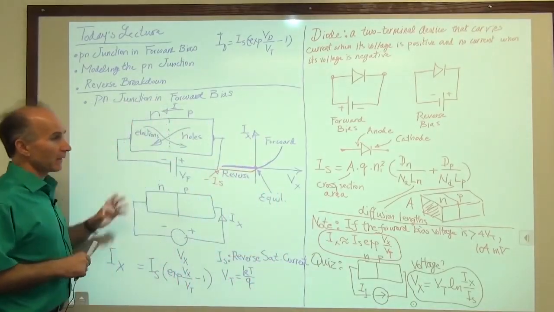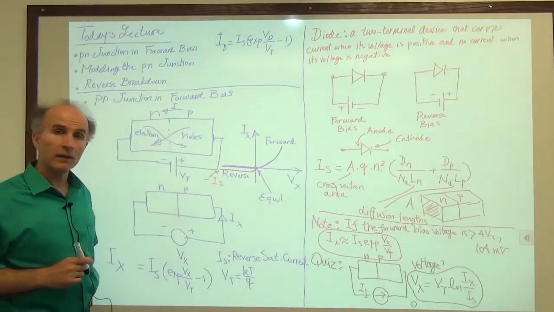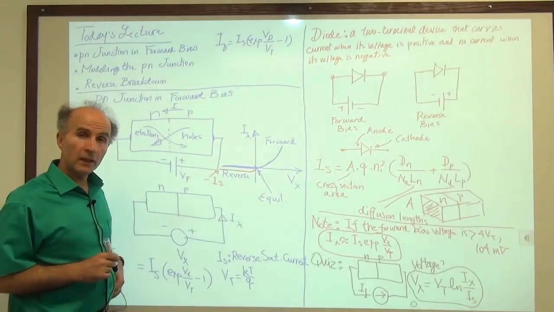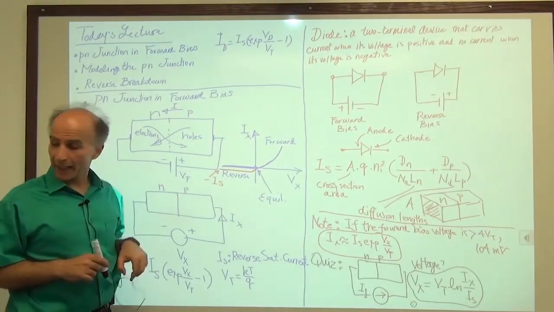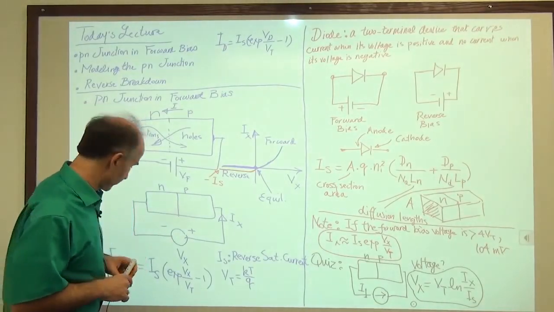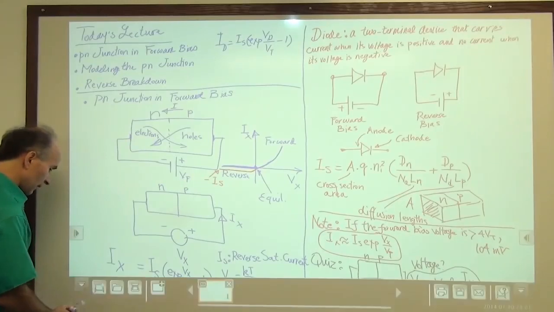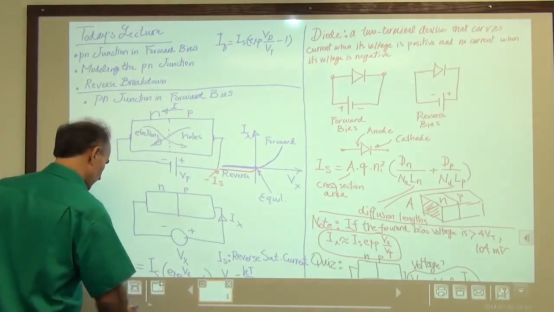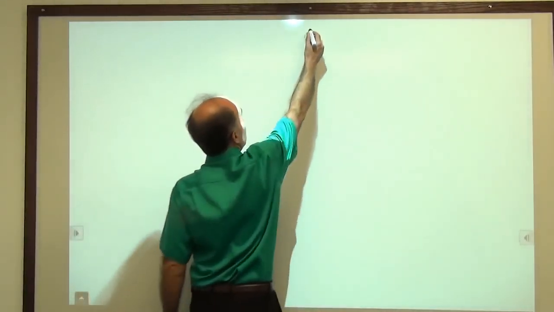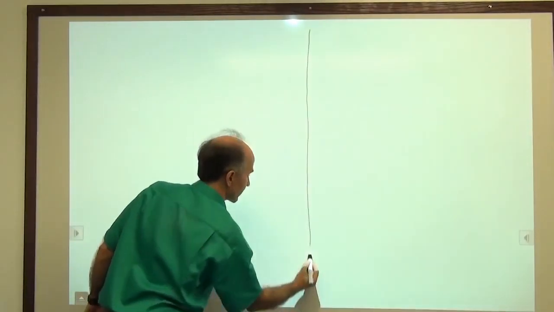Okay, now that we have a good handle on the PN junction in forward bias, or a diode in forward bias, we can look at an example just to get comfortable with some numbers. So let me add a page here, and we will see a simple example.